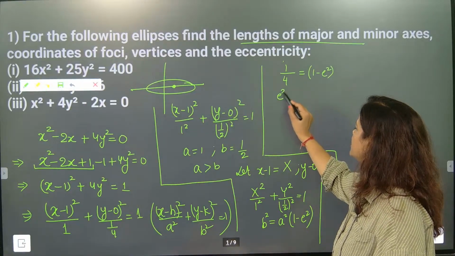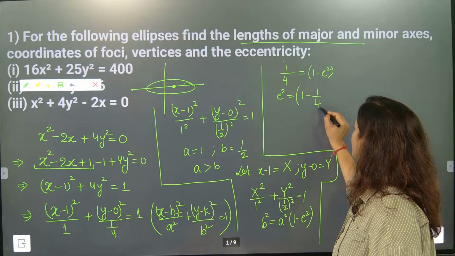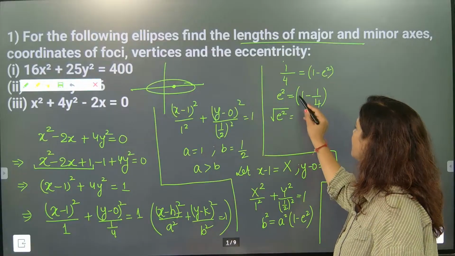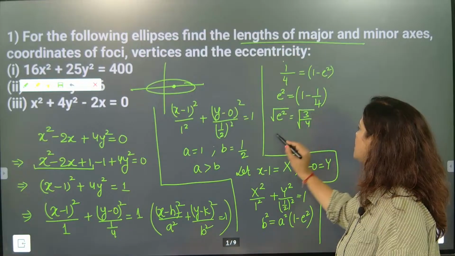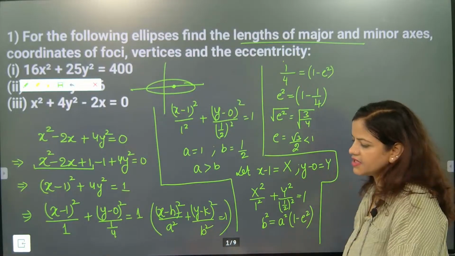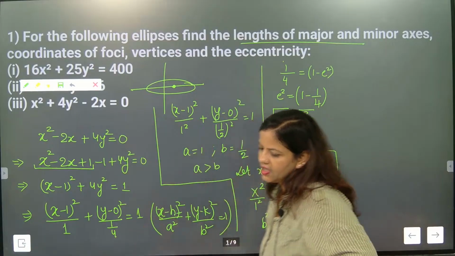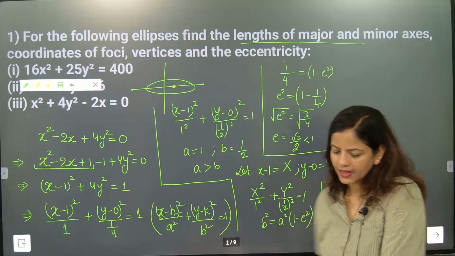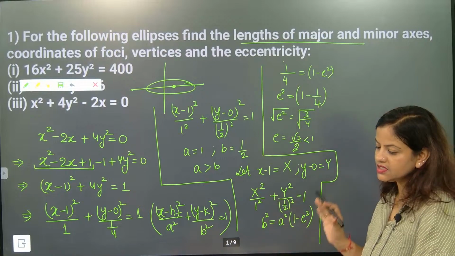So e square will be equal to 1 minus 1 by 4, which is 3 by 4. So e is root under 3 by 4, and eccentricity comes as root 3 by 2, which is less than 1. That's it. We had to prove eccentricity is less than 1, and successfully we have proved it. Now we got the eccentricity value root 3 by 2.